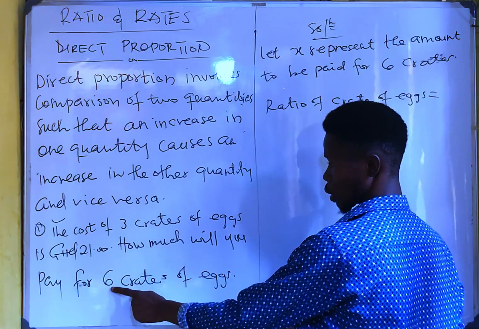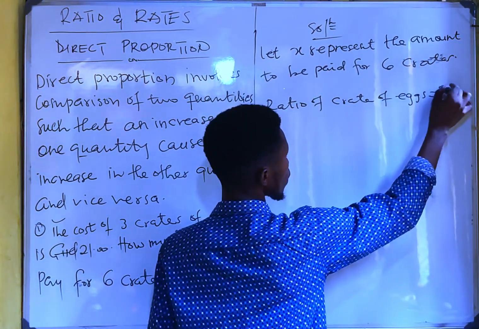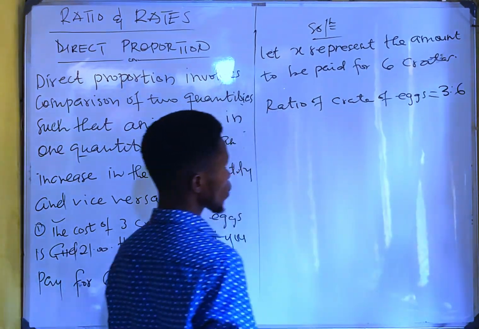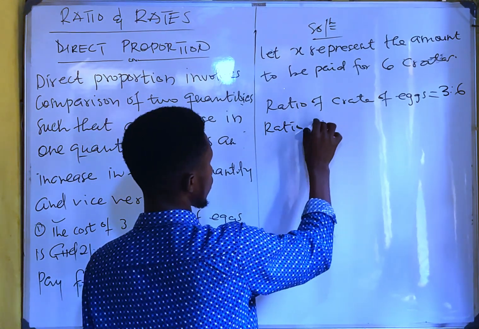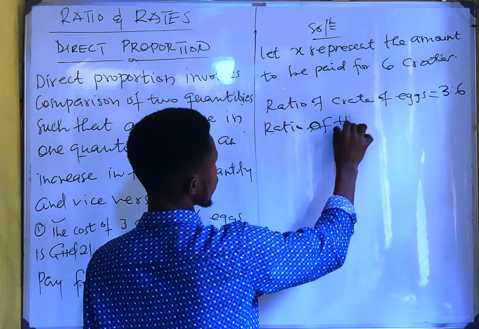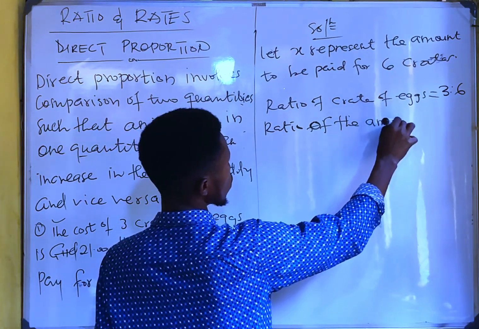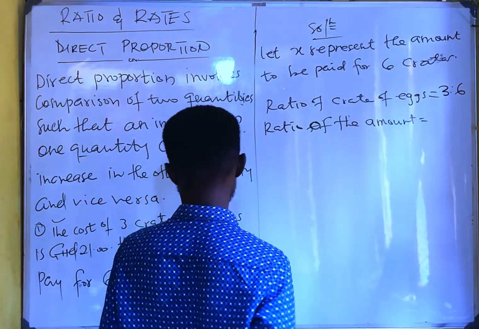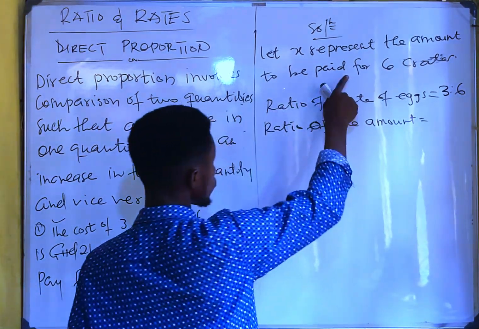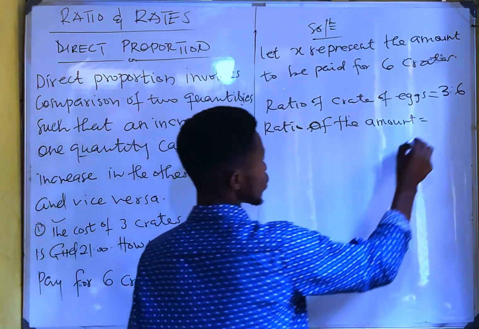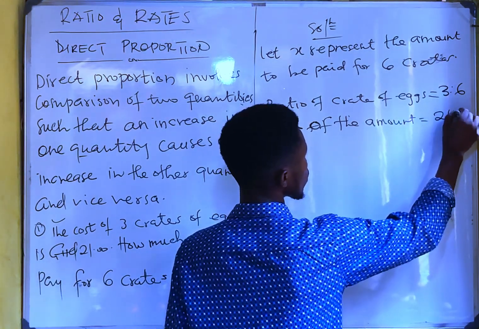So you're going to have 3 is to 6. Is that okay? You also look at the ratio of the amounts. So for the ratio of the amounts, you're going to have 21 is to X. Is that okay? 21 is to X.